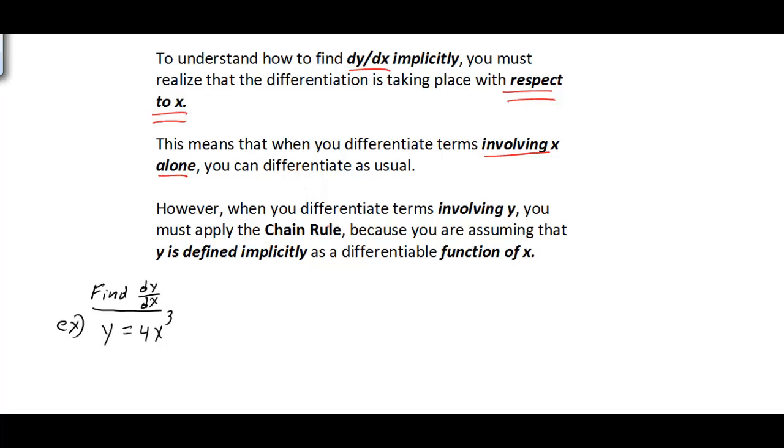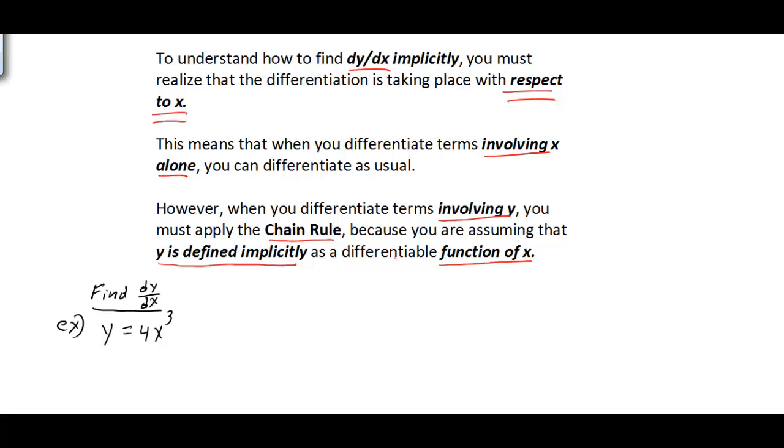Now, when you differentiate terms involving y, we must apply the chain rule, because you're assuming that y is defined implicitly as a differentiable function of x. So here we're looking at y as being some function of x.